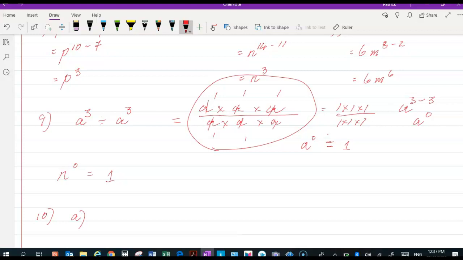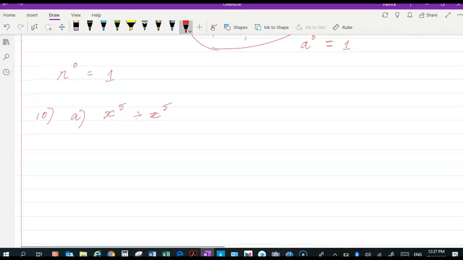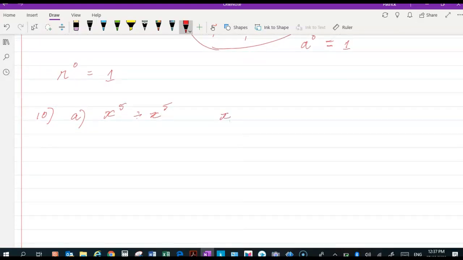X to the 5th divided by x to the 5th. Remember, we said that in fact what it looks like is this. It's x to the 5th, because algebraic division is written like this, over x to the 5th.